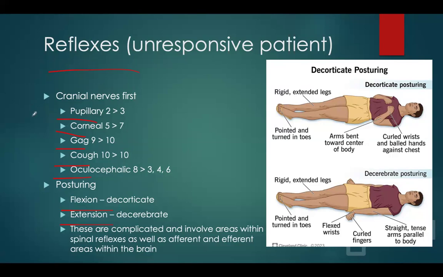I think I put them in the order of importance: pupils first, then check corneal reflexes, check a gag, and then if you can, assess for cough. Usually this is only doable when the patient's intubated. I check out their oculocephalic reflexes only if I'm really concerned that they might be brain dead.